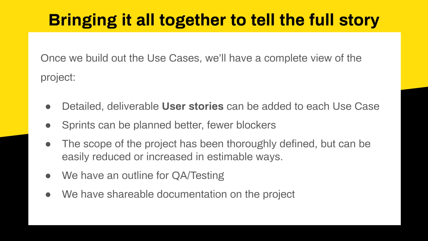That doesn't happen because you have this whole diagram and documentation of what done is. The scope of the project has been thoroughly defined. And at the same time, you can reduce it easily because you have that full picture, and you can increase it easily because, again, you have that full picture.